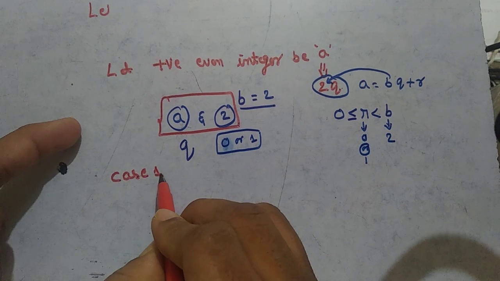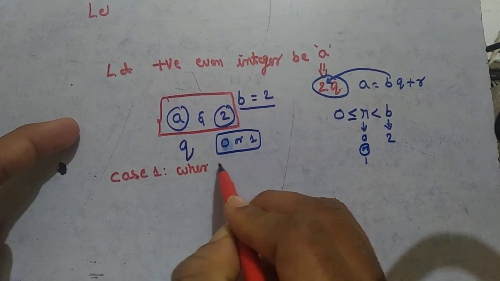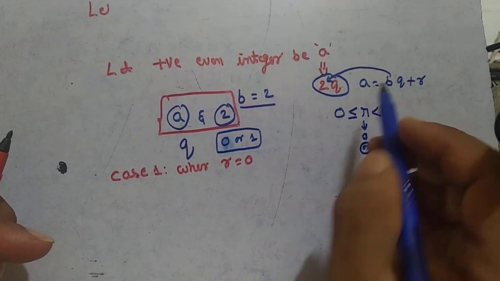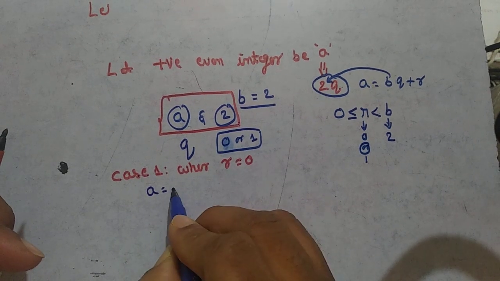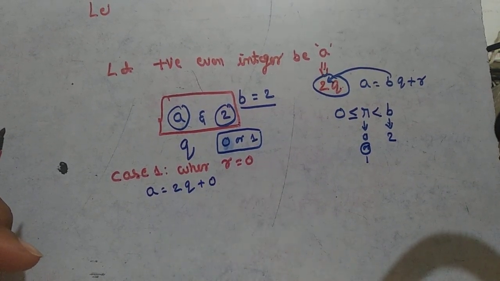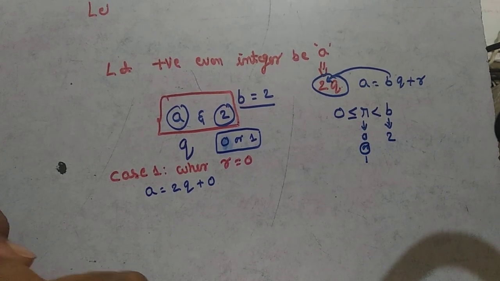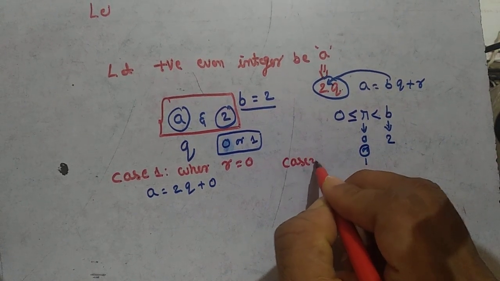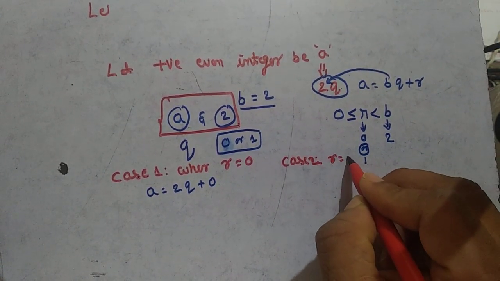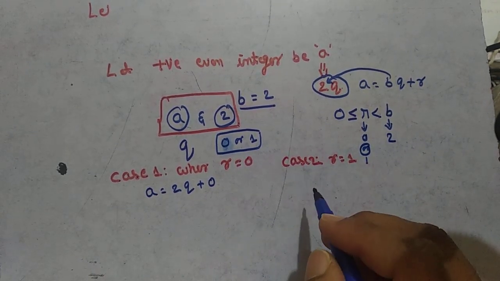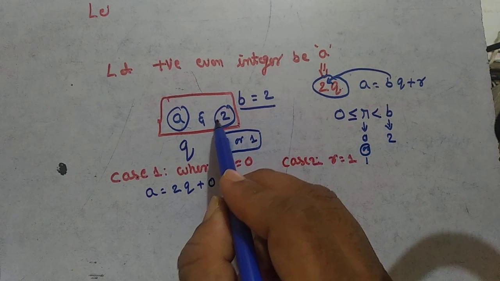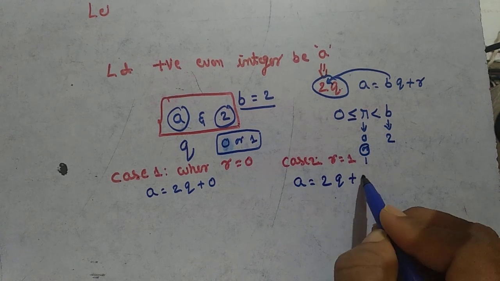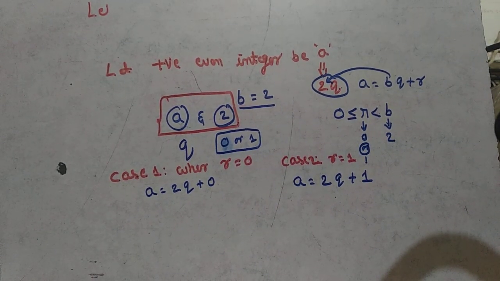So we can use case 1 when remainder r equals 0, then a equals 2q plus 0. And case 2, when r equals 1. When you apply Euclid's lemma for a and 2, with q and 1, it becomes a equals 2q plus 1.